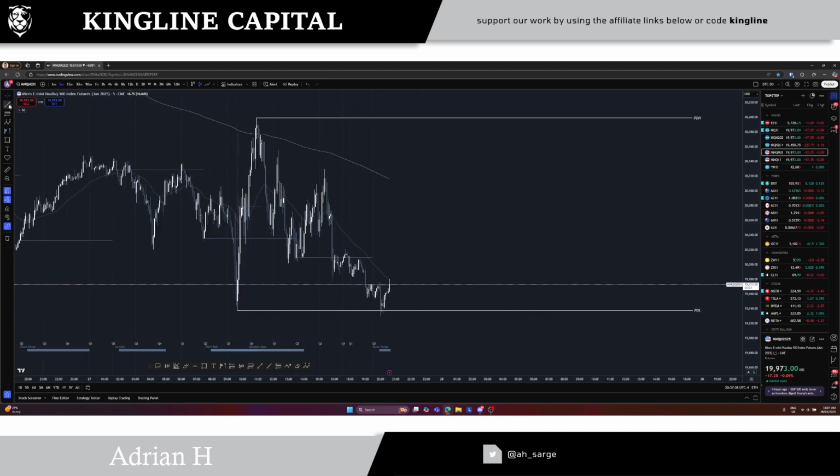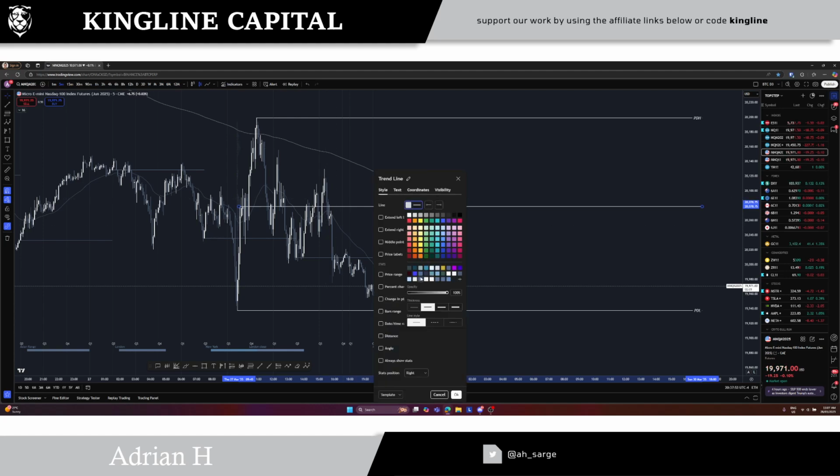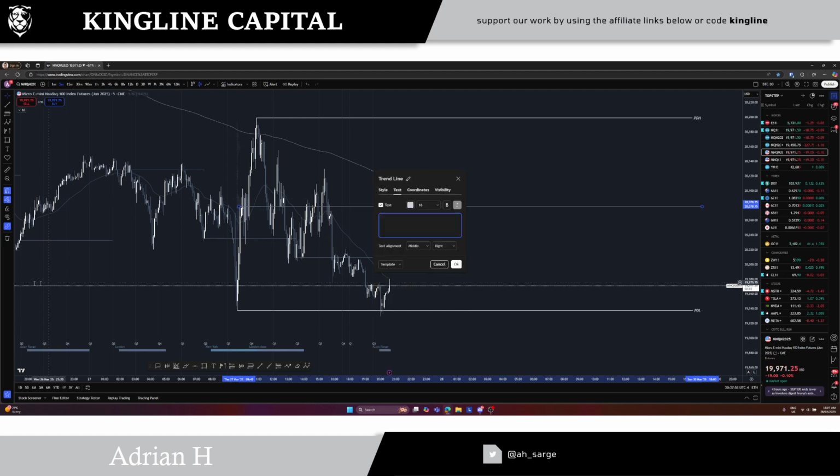We got our POC is here. So not the best range for getting point of control because there's not heaps of information through that. This is right at equilibrium. SMT at the low, cool. So VP POC.